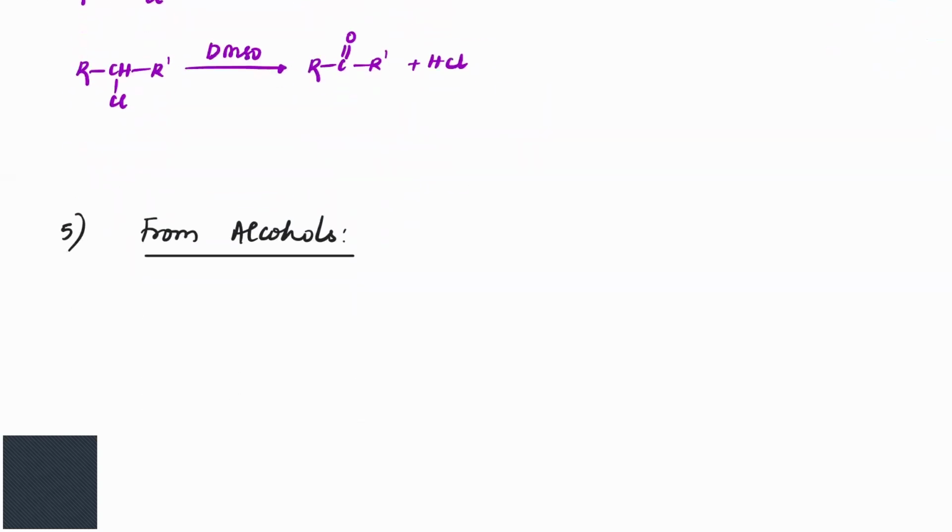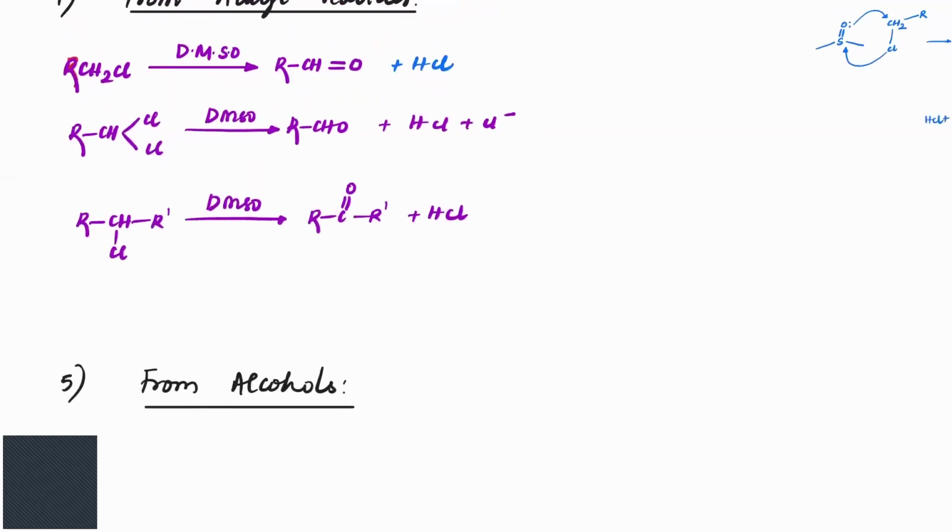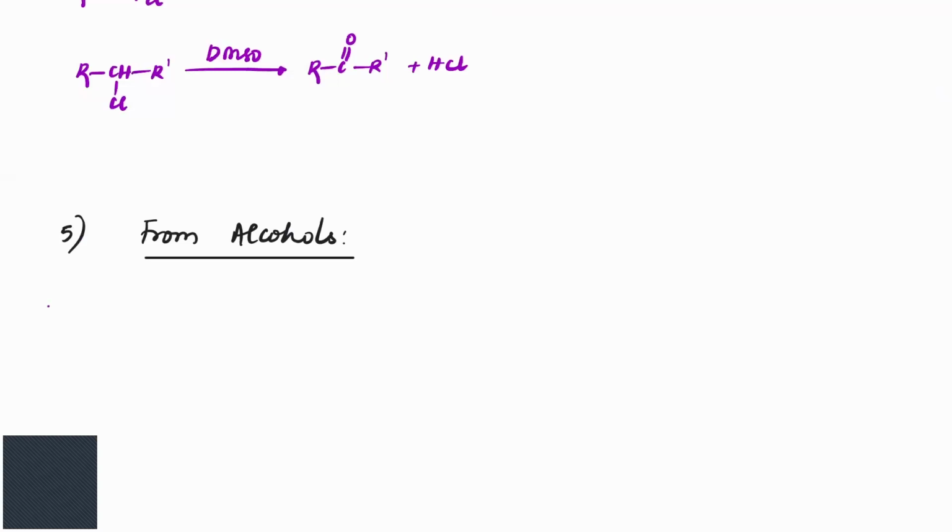Next, from alcohols, how do we get aldehydes? This we have learned from alcohols itself. These are all oxidation reactions where alcohols get oxidized to convert into aldehyde.